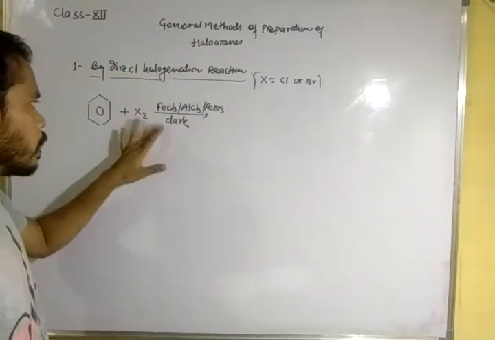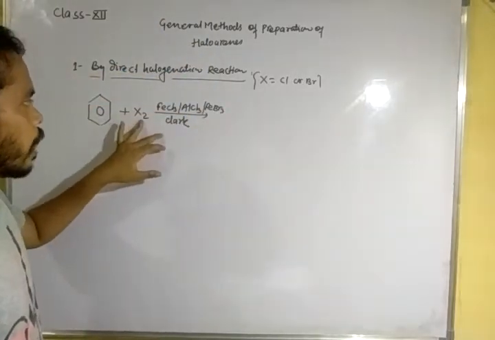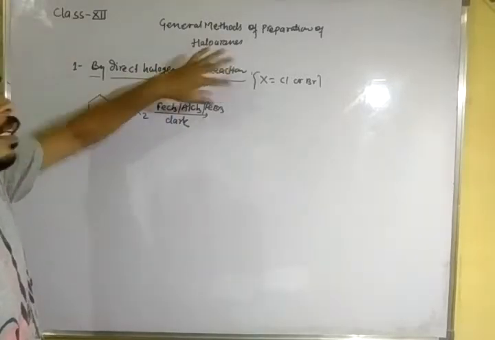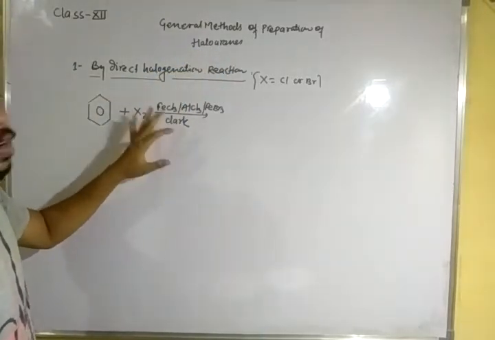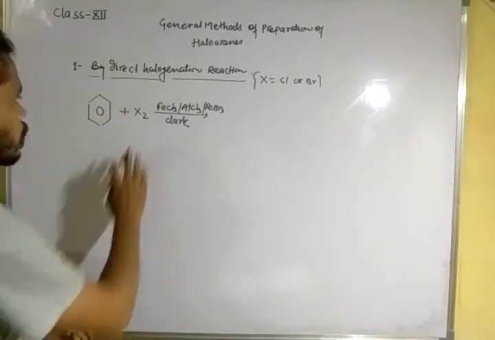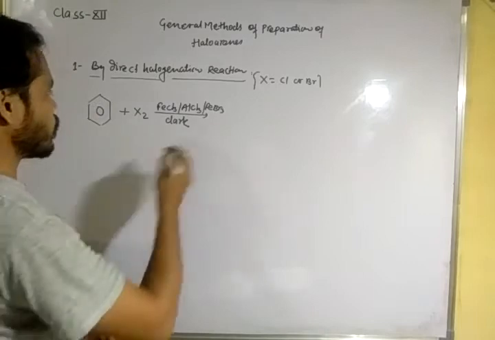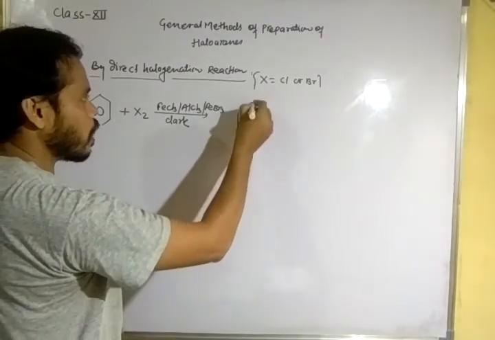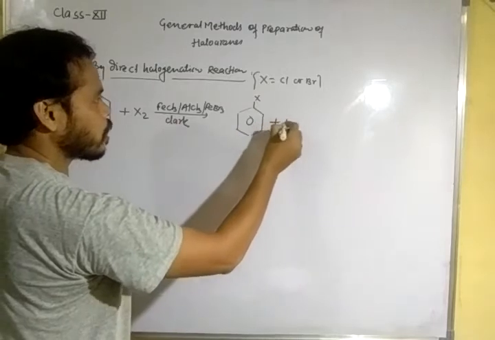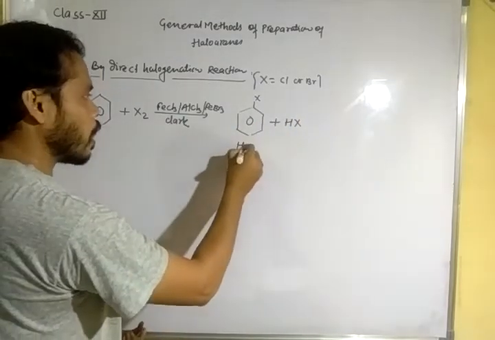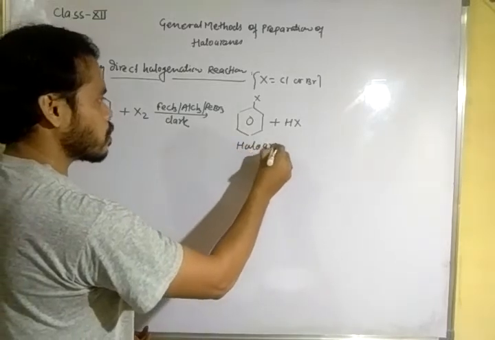If you are taking Br2, that means bromine, the carrier should be FeBr3, but the condition is dark. Always these reactions will happen in dark condition. So the substitution reactions take place and give haloarenes like this, with HX as a byproduct.